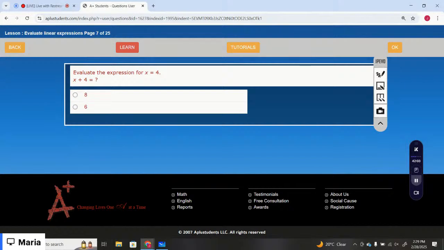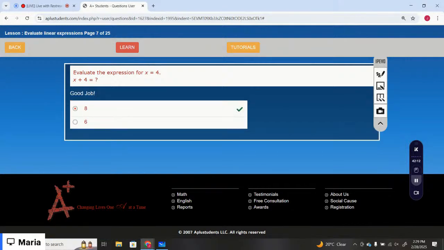Evaluate the expression for x equals 4. 4 plus 4. The correct option is 8. Option number 1 is the correct option.